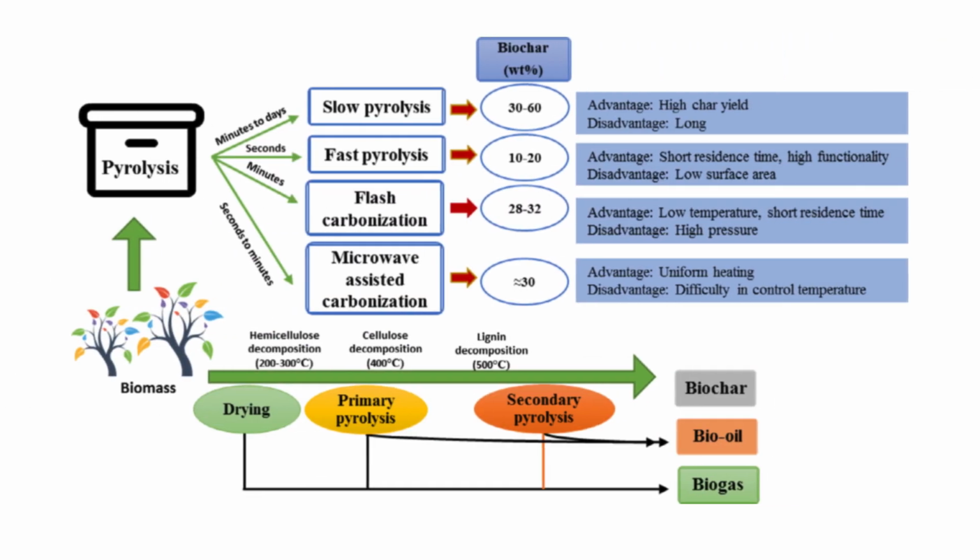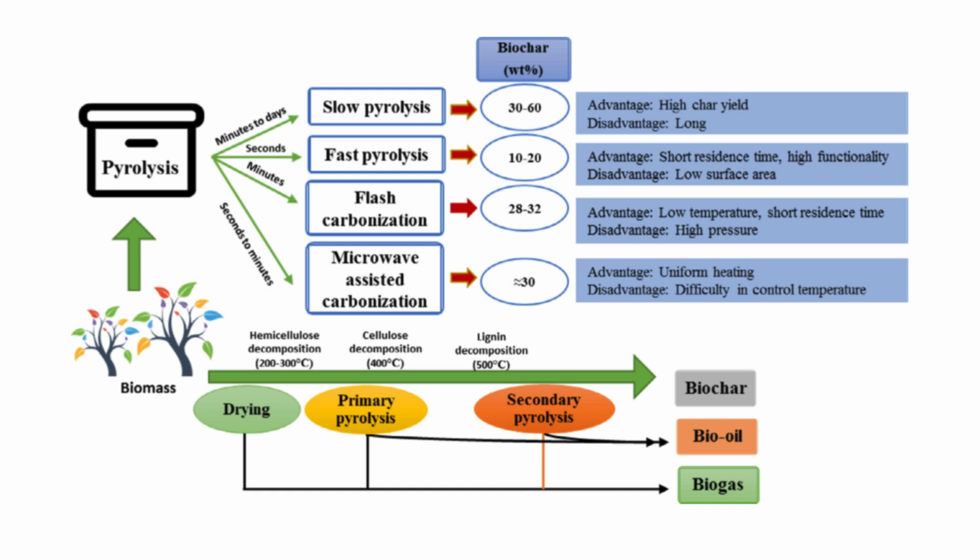This diagram provides a detailed comparison of different pyrolysis technologies. Slow pyrolysis generally produces the highest biochar yield, typically between 30 to 60%. Its major advantage is high char production, although the process requires longer residence times. Fast pyrolysis produces lower biochar yield but higher bio-oil yields.